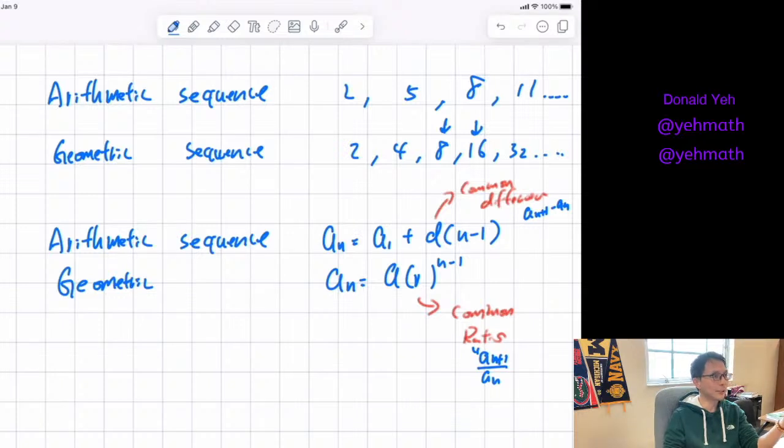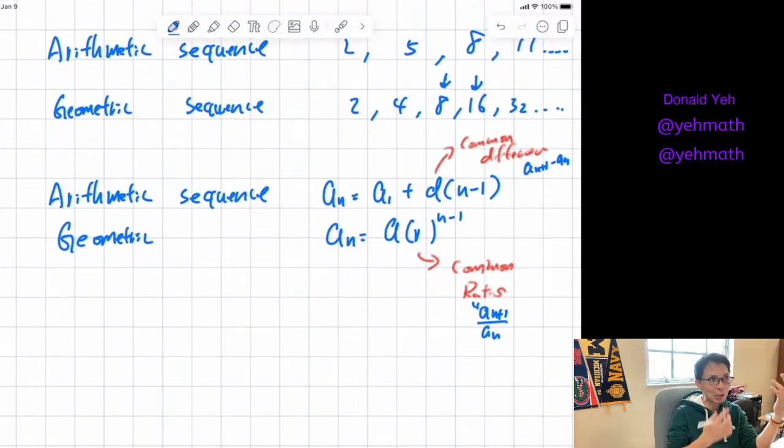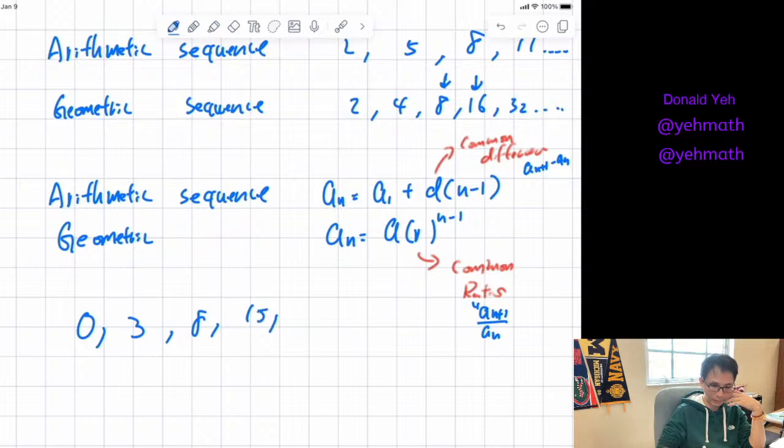Now, there are other sequences that usually don't follow arithmetic or geometric. For example, do you guys know this one? What is the pattern here?